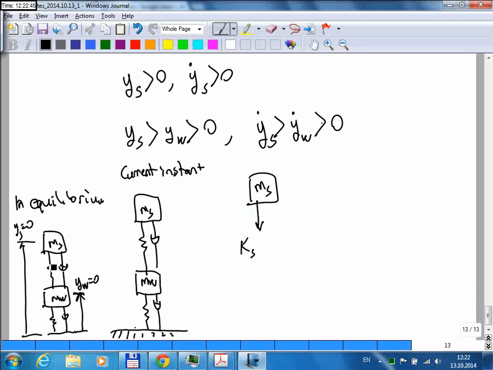In equilibrium we take this distance to be 0, but in the current situation we have a distance here of ys minus yw.